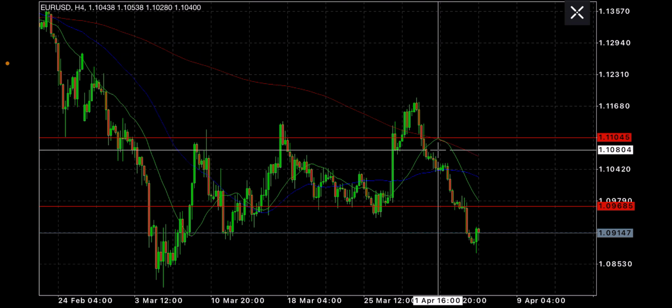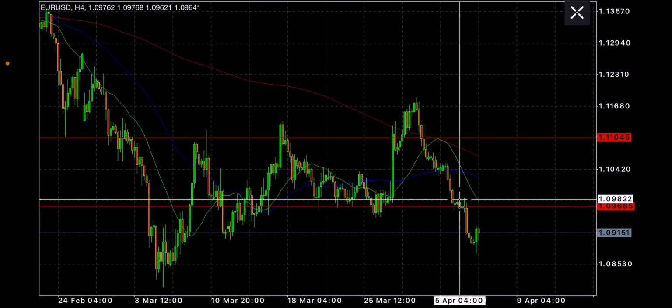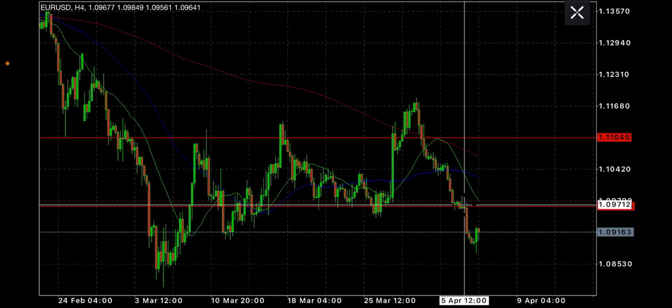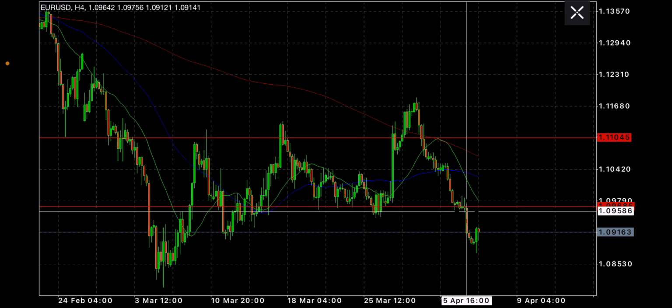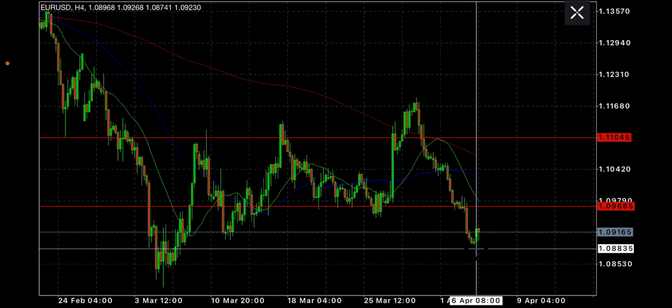We were staying within the range where every time we got to here, we dropped, and every time we got to here, we shot up. But due to the weakening of the euro and the aggressive gaining of strength of the US dollar, we are slipping down to the lower extremity of our range.